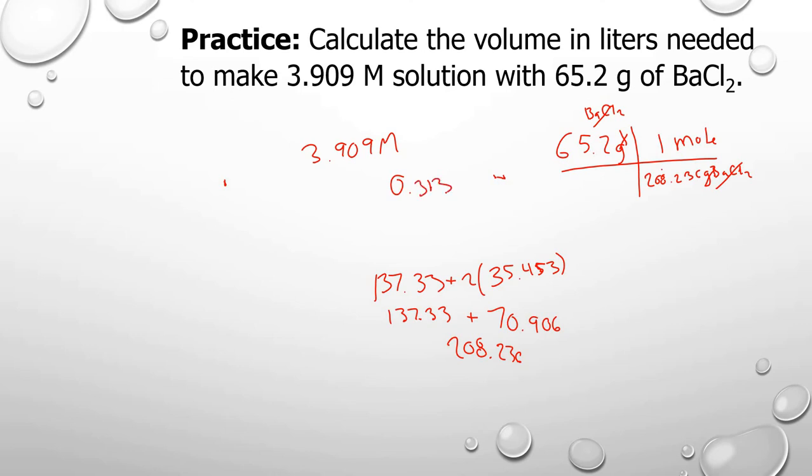0.313. How many do you want me to do? So you have 3. I usually take 4 so that at the end I have 3 that I can go to. Just one more. Okay, so you've got a lot of numbers up there. And then we're going to use the equation, which is, since we're doing liters, L equals moles over molarity.